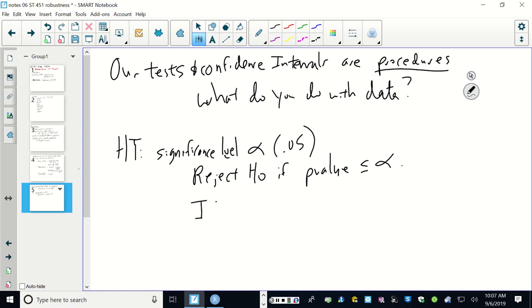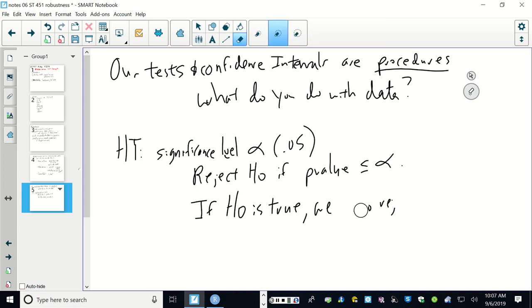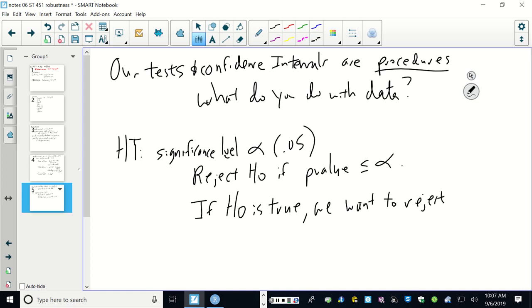Right? So if the null hypothesis is true, we want our procedure to reject H0 no more than 100 times alpha percent of the time.